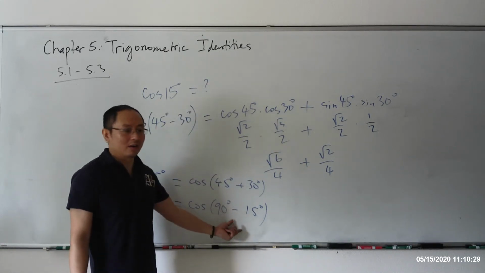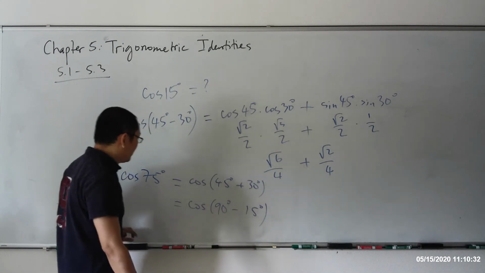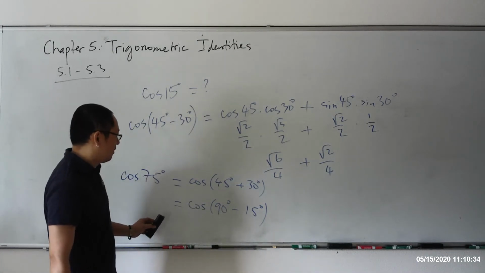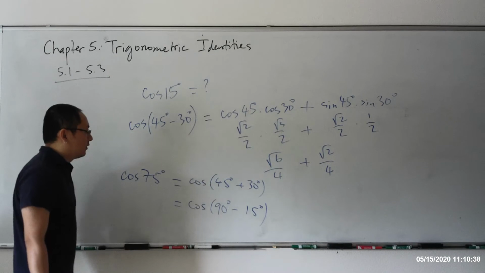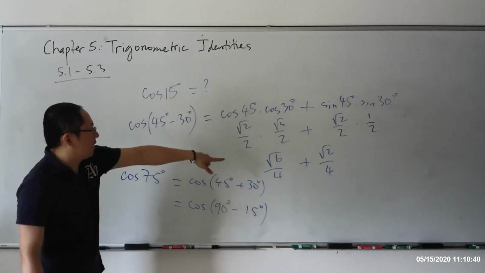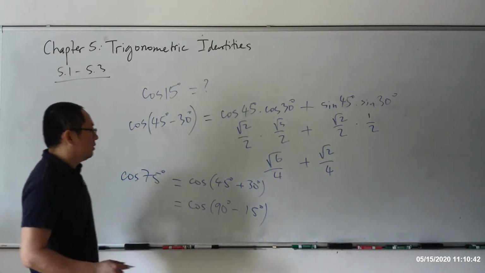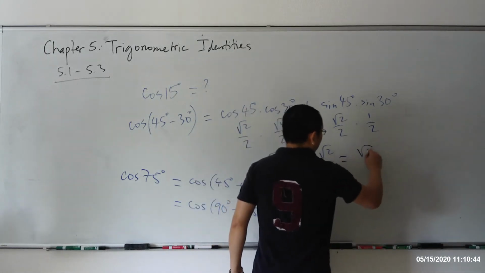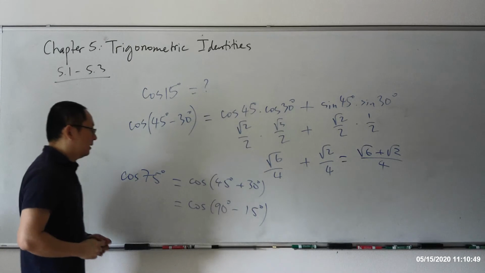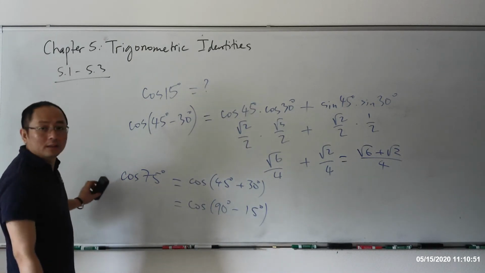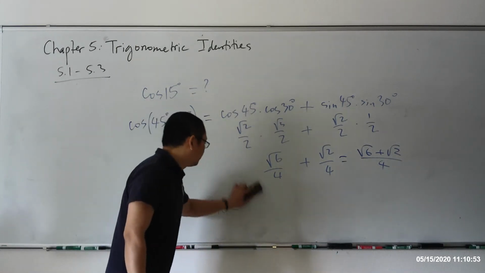We can apply right here, right? We can have the answer, but I claim the first way is better because you use straightforward 45 degree and 30 degree, as you know previously. 15 degree we just learned right here. Root 6 plus root 2 over 4. 75. Root 6 plus root 2 over 4. Okay. Fair enough? All right.